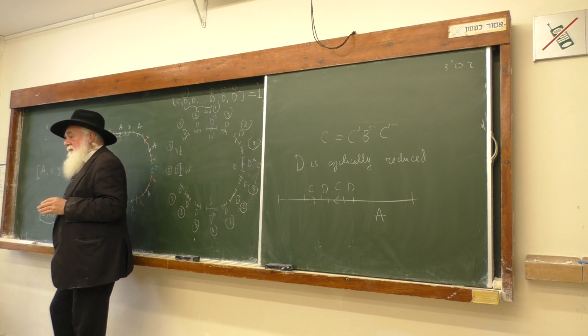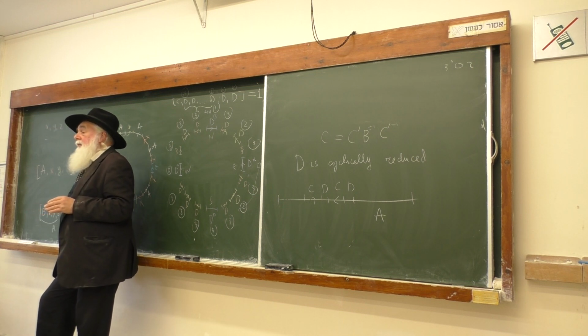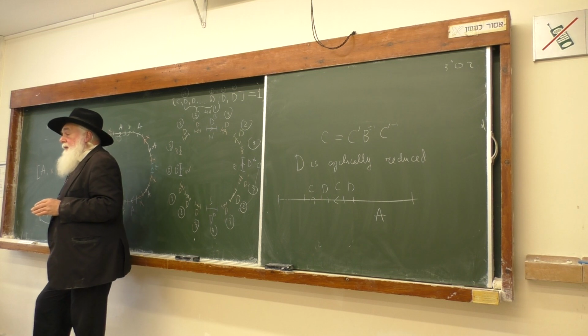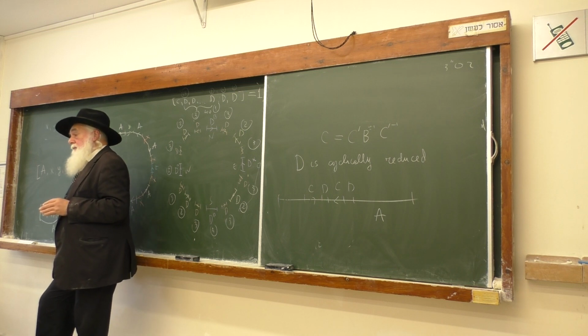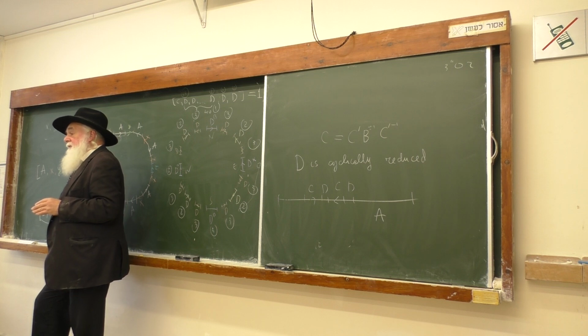So commutators of arbitrarily big weight will be different from one in the free angle group on three generators.